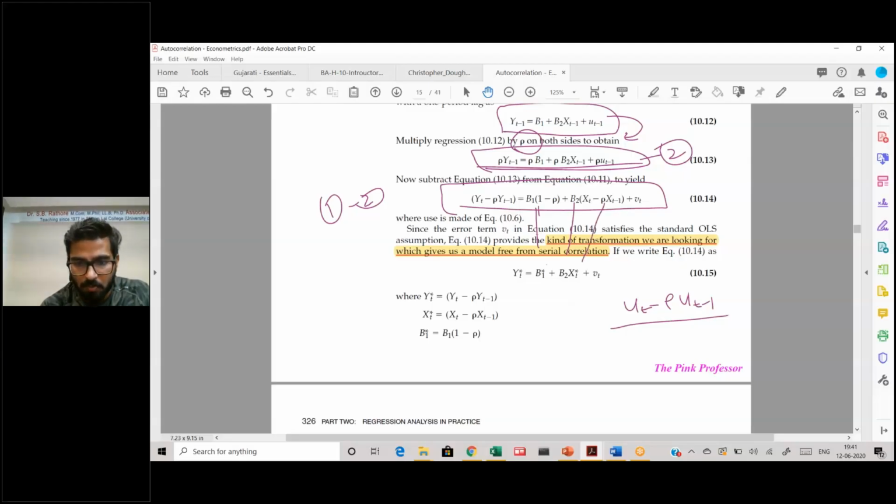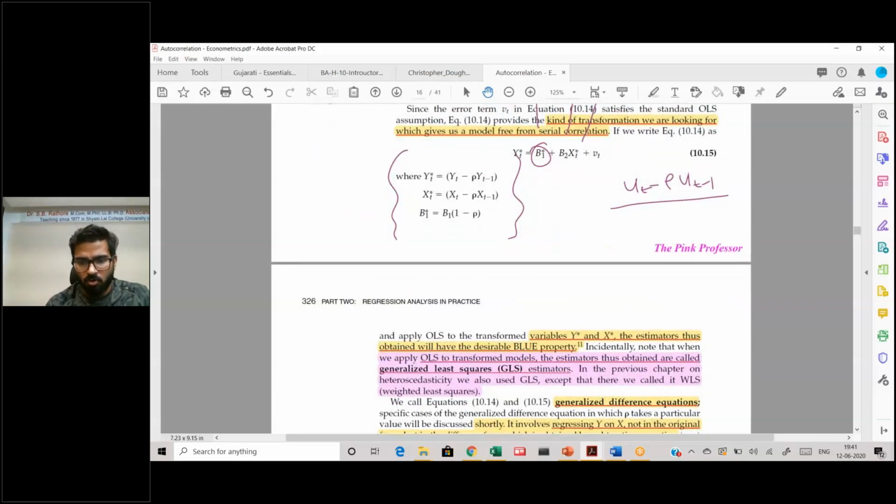This regression is now in transformed variables, and the estimators B1 star and B2 will have the desirable property of BLUE. This is what is called generalized least squares.